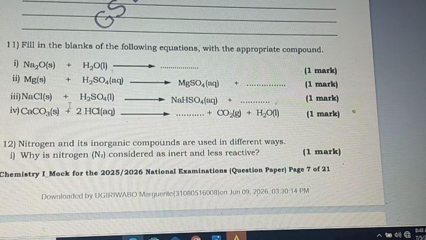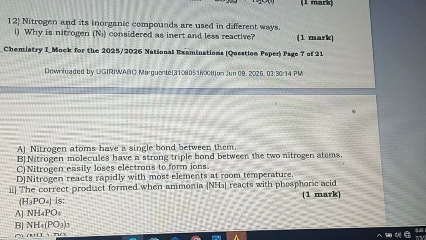Let's continue with question 12. Nitrogen and other inorganic compounds are used in different ways. Why is nitrogen considered inert and less reactive? Inert means chemically unreactive, or not likely to react with other substances under normal conditions.